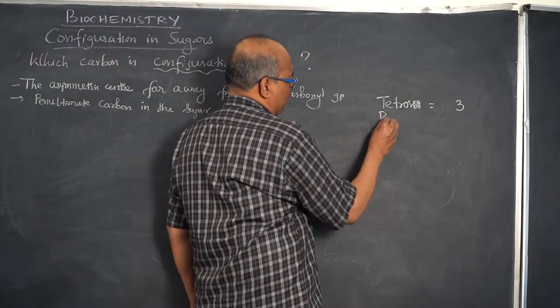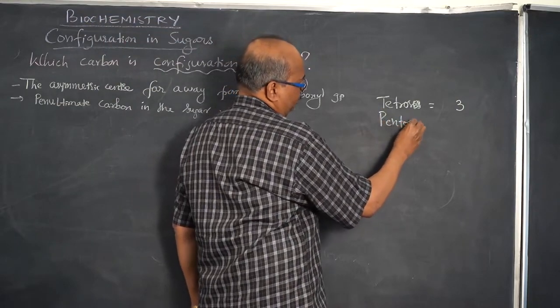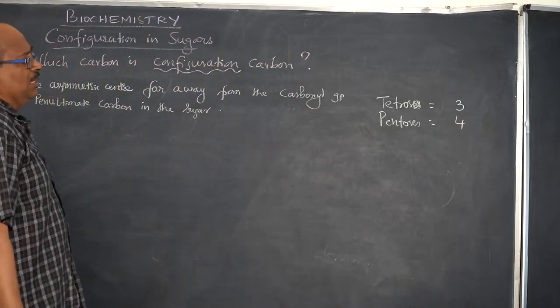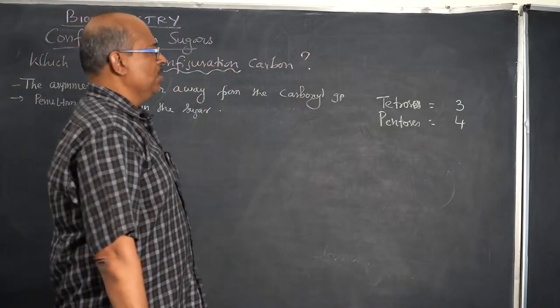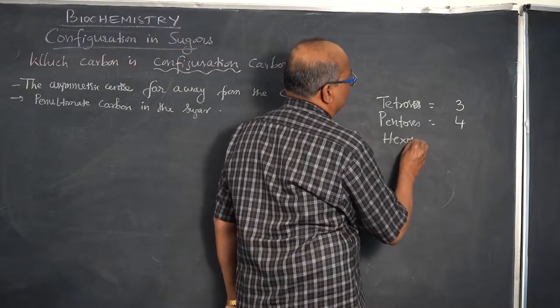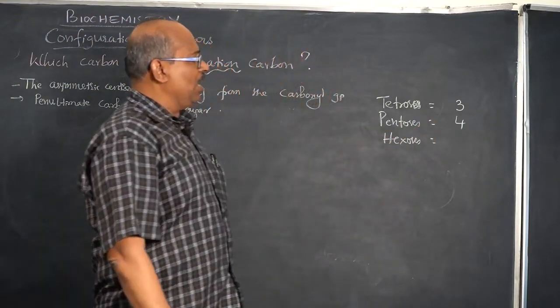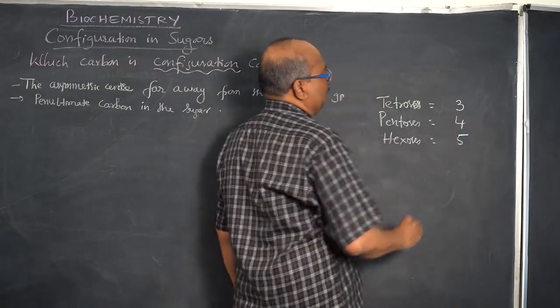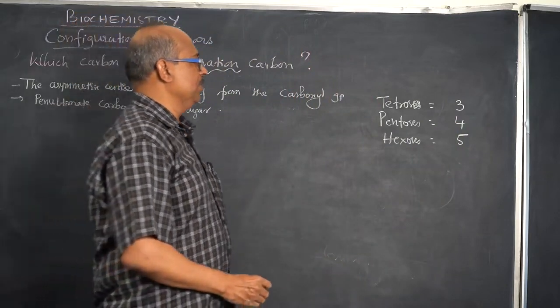If you take pentoses, since there are 5 carbons, the penultimate carbon will be 4, so configuration carbon 4. If you take hexoses, since there are 6 carbons, the penultimate carbon will become 5, it will be the configuration carbon.